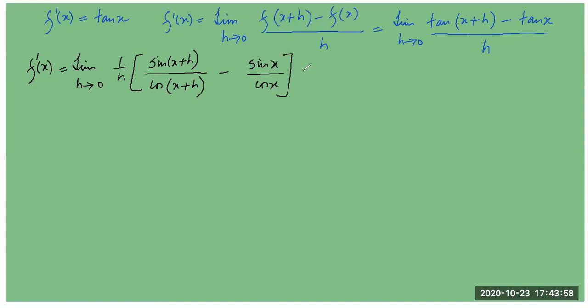Very right, students. So now I'm going to jumble up everything. This will be equal to limit h approaches 0, 1 by h into, I'll take cos of x plus h into cos x as the LCM.